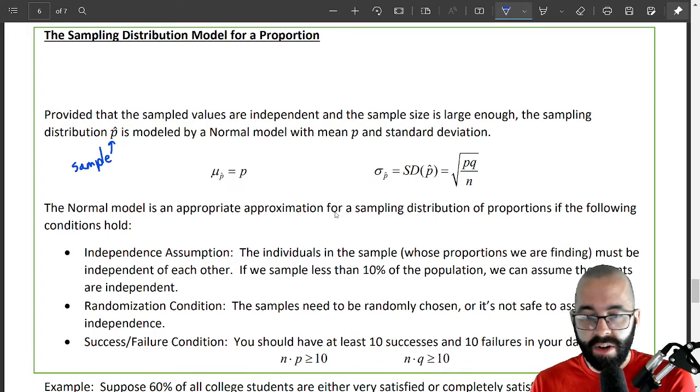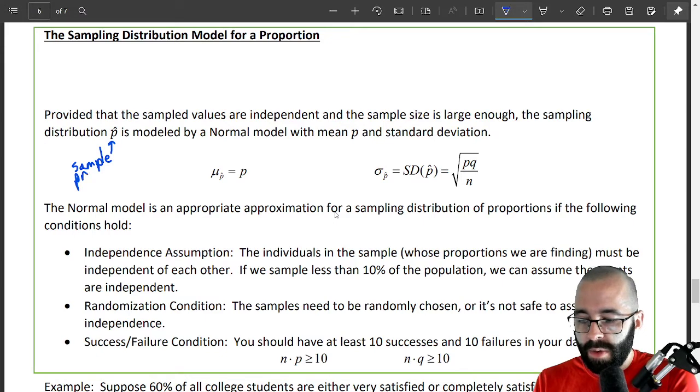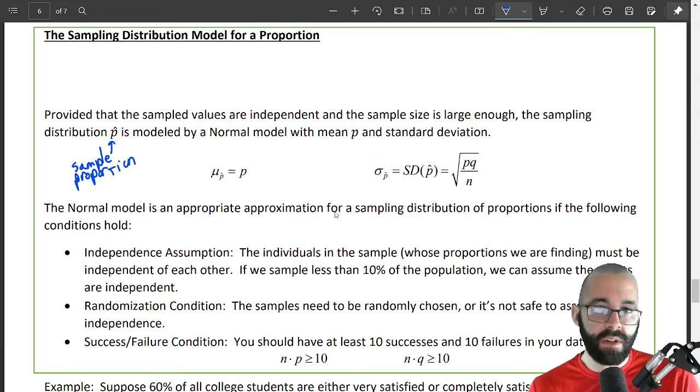The proportion from our specific sample, not the population proportion p, because we'd have to take a census to get the whole population. This sample proportion is modeled with, again, a normal distribution.